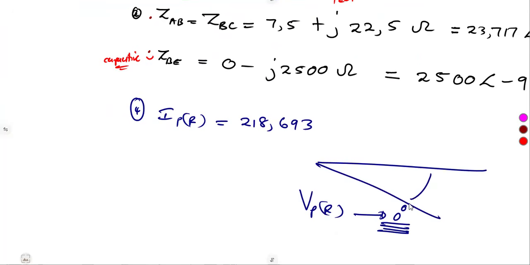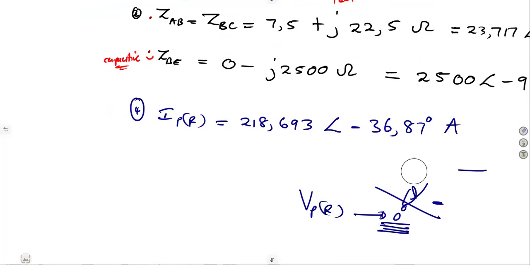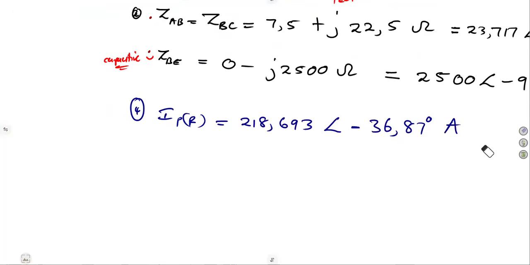Then the current will be lagging, having a negative angle. Our angle was 36.87 degrees.